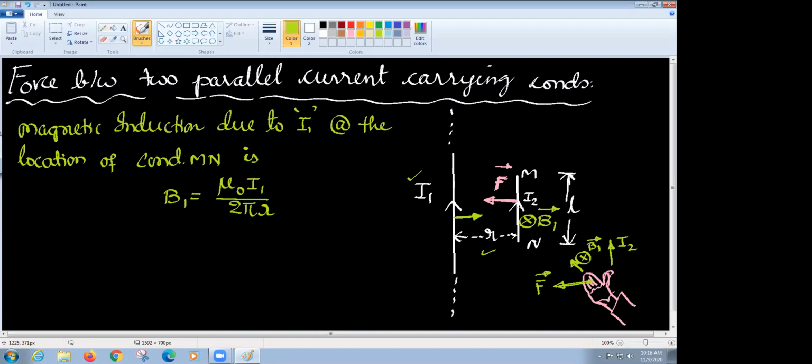Take your right hand, put your thumb along this current I2, and wrap your fingers all around. Then what do you see? Due to Mn, at this point I can see B2 is coming out. Yes or not?